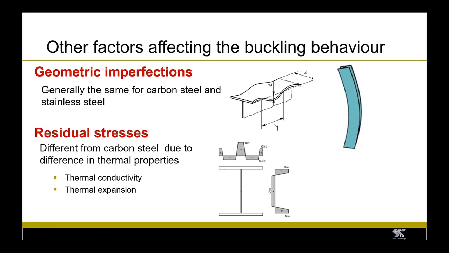Now, austenitic stainless steels are the ones that have the largest thermal conductivity and thermal expansion. And they are also the ones that show the more pronounced nonlinearity. And because of this, they tend to have the lower buckling performance.